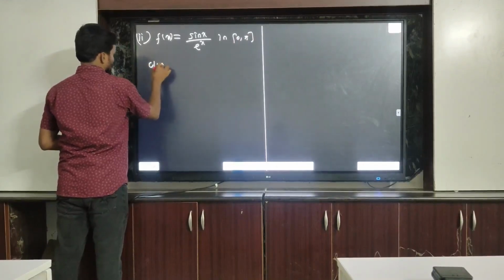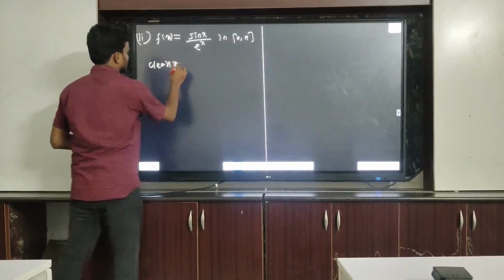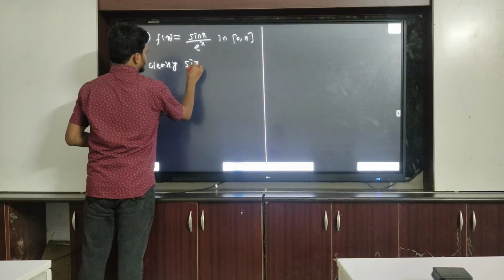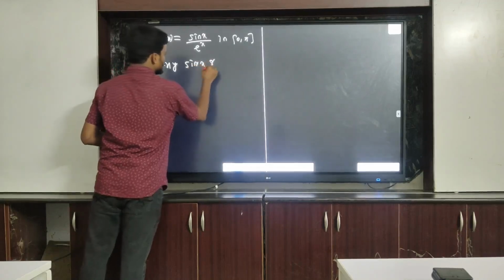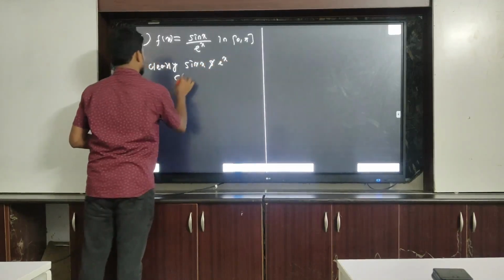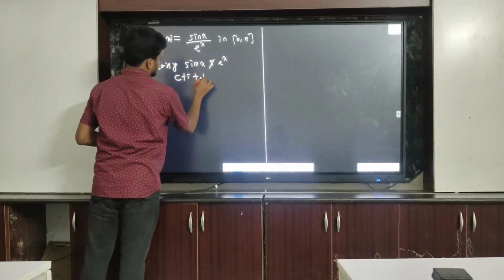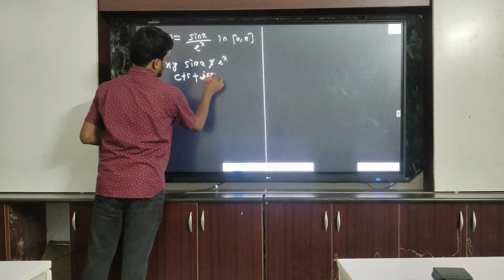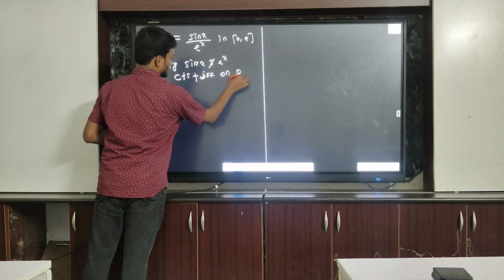Clearly sin x and e to the power x are continuous and differentiable on R, right?